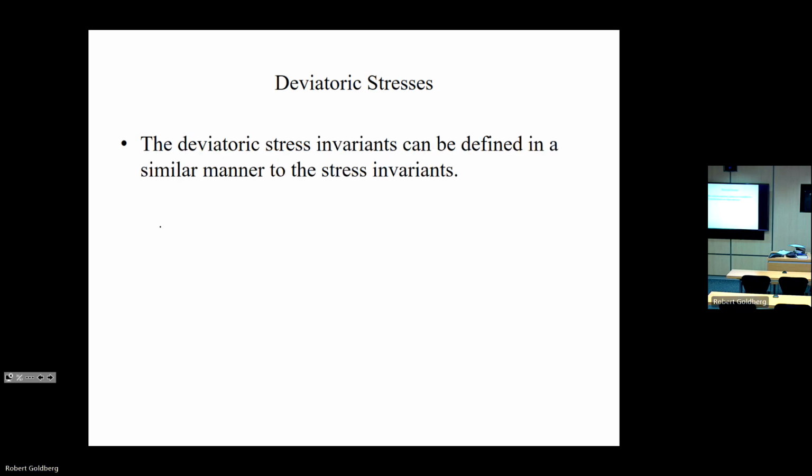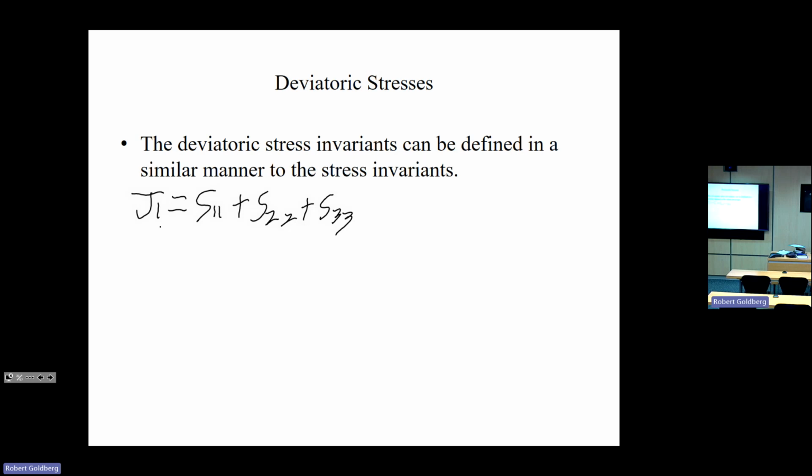So the deviatoric stress invariants can be defined in a similar manner to the total stress invariants. So we have J1, which is equal to S11 plus S22 plus S33. And all the math is in the notes.